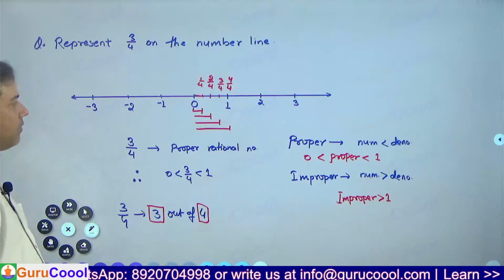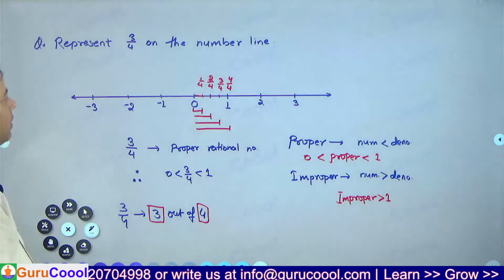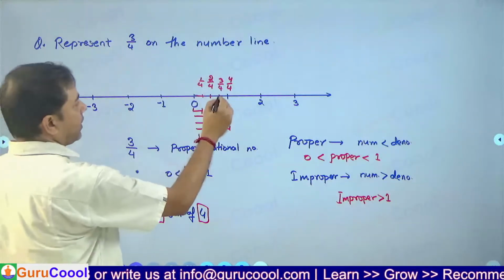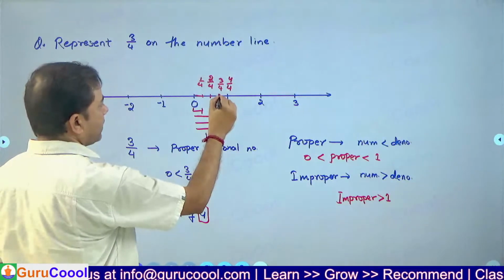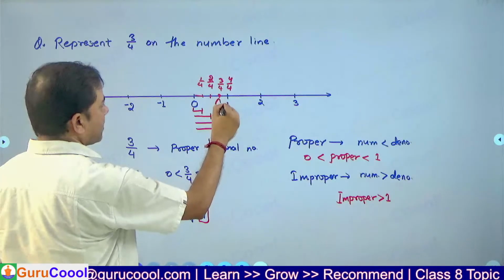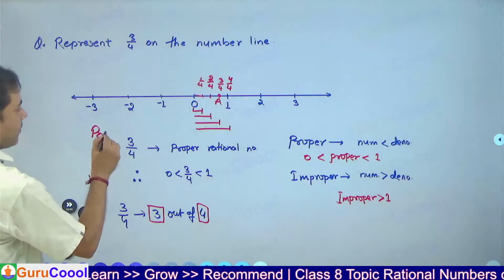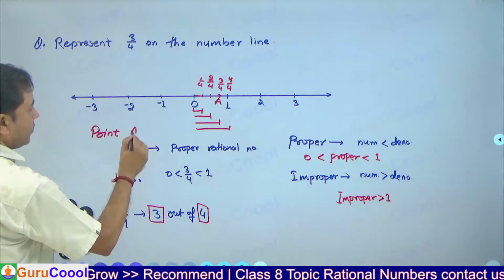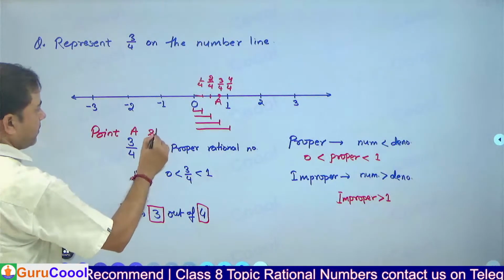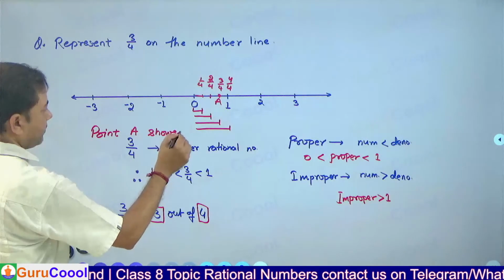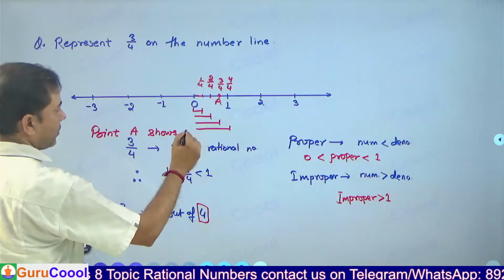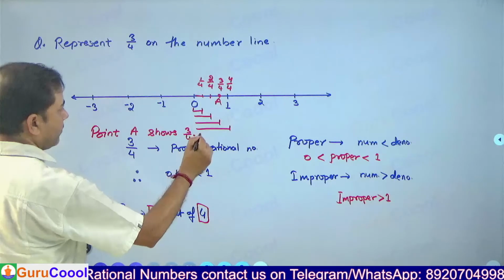This is how we divide the rational numbers. We need to show 3 by 4, and here it is. We will highlight this point, name it as A, and write the statement: Point A shows 3 by 4. Answer done.